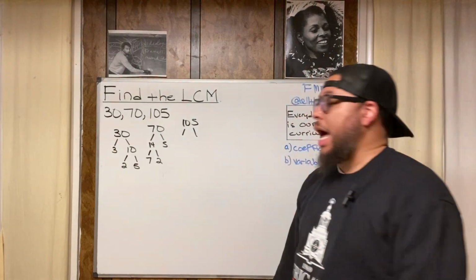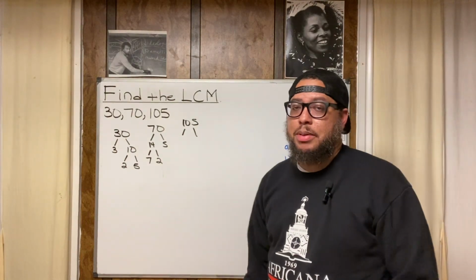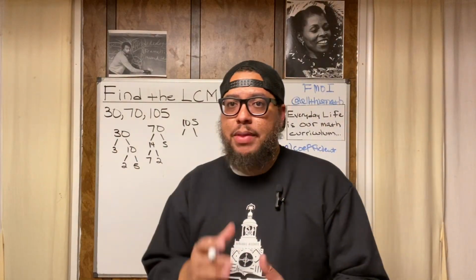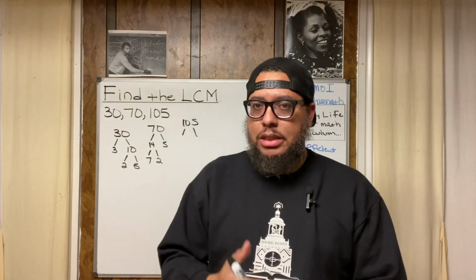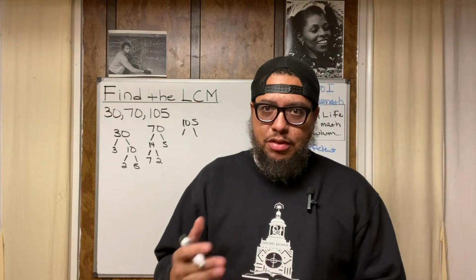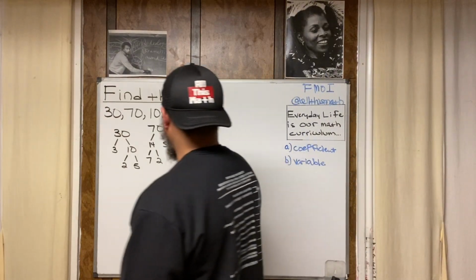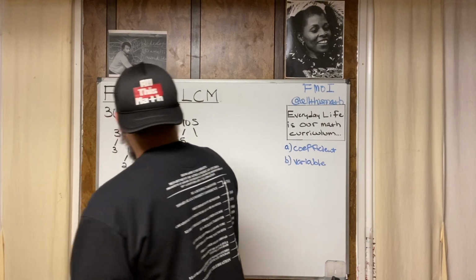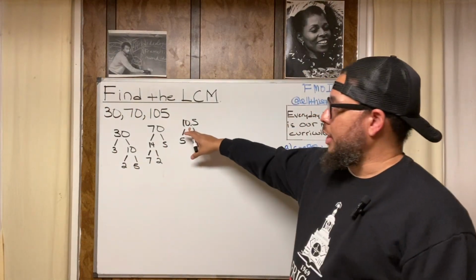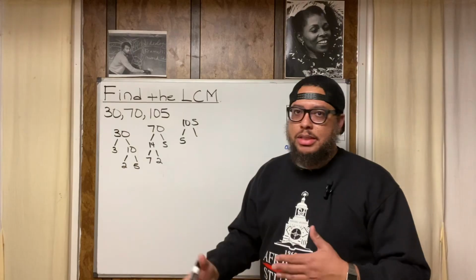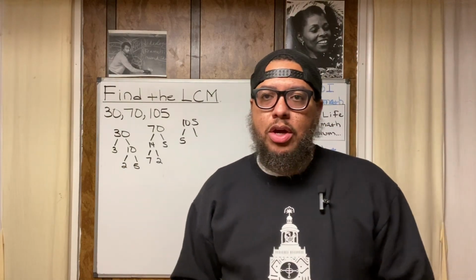Now, I know that 5 is a factor of 105 because I know by the rule that any number that ends in 5 has 5 for a factor. So let's say 5 times what? Now I know that 5 times 20 is 100. This is where number sense comes into play. And what do they call it?